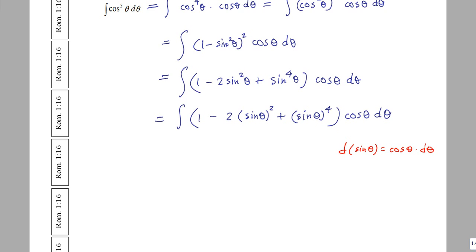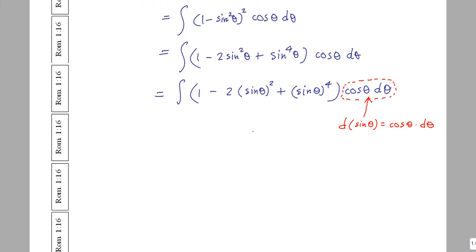Okay, so notice this, what I'm just encircling right over here, is equal to this, which is fantastic because everything in the parentheses is in terms of sine of theta. So now I'm going to integrate with regard to sine of theta instead of theta because everything's varying in terms of sine of theta.